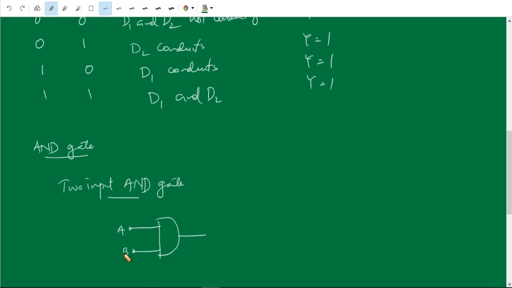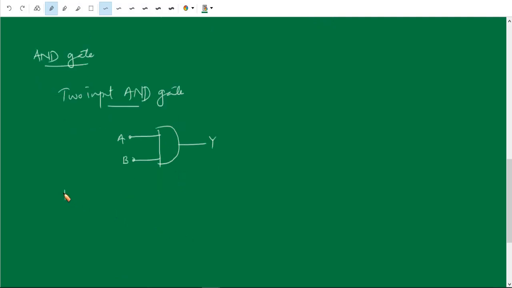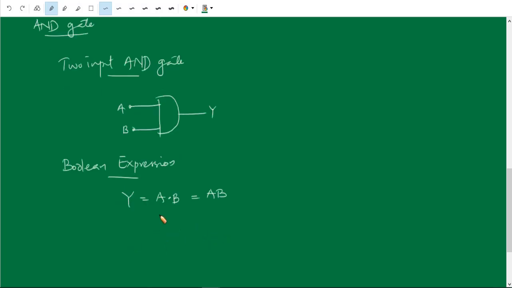Inputs A, B, and this is the output Y. So the Boolean expression is output Y equal to A and B, A dot B, or simply AB. So Y is equal to AB or A and B.